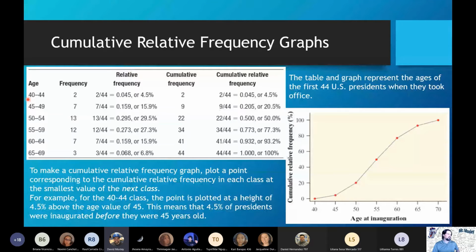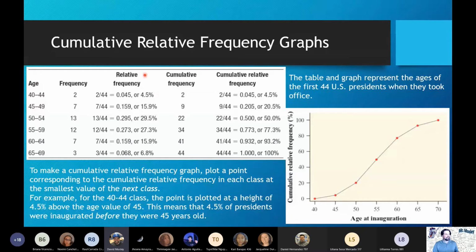We've got our age, which is broken into classes with 5 years within each class. We have 40 to 44, 45 to 49, 50 to 54, and so on. And we have the frequency, the number of presidents that are within each of those classes. And then we use that to find the relative frequency by dividing the number in that class by the total number of presidents, 44, to get a percent.